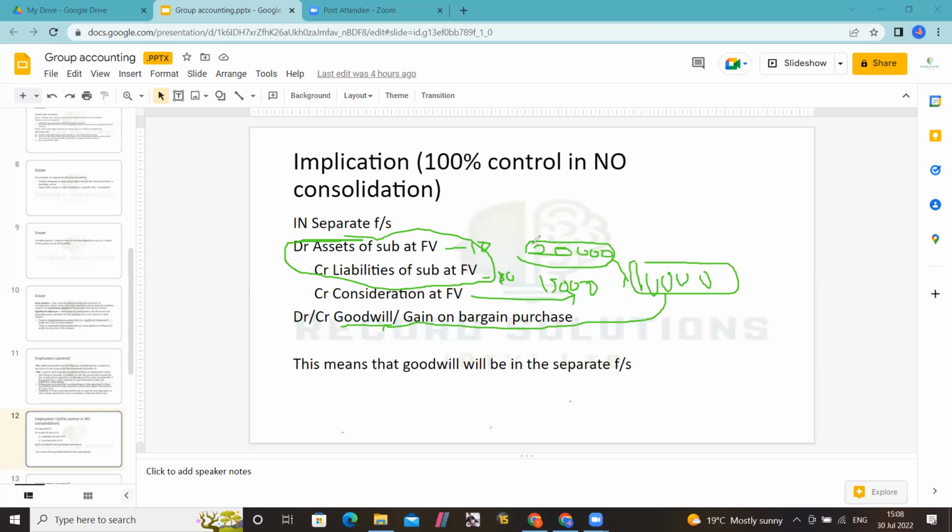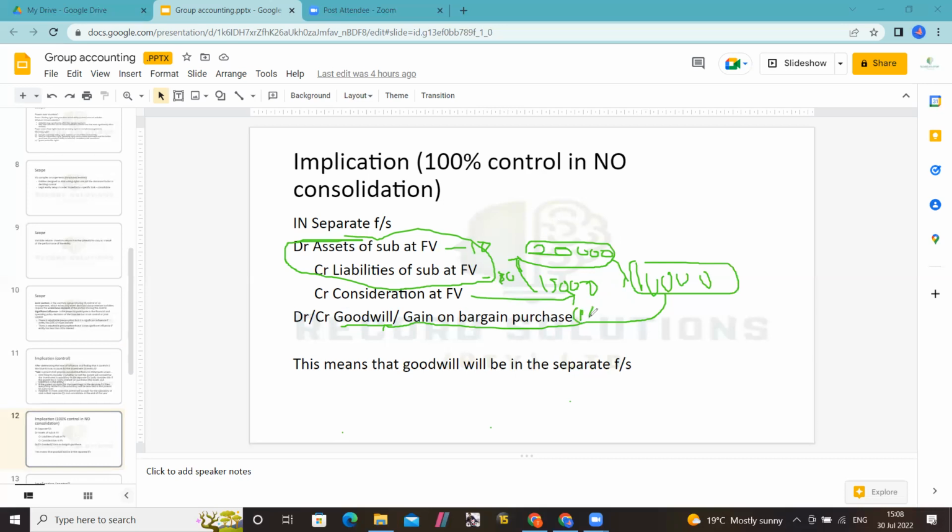You're buying a total net value of assets of 20,000, but you are buying it with 15,000. Do you see that in this case this is definitely a gain, because we got more value from these assets than we purchased? That's a gain on bargain purchase, and a gain on bargain purchase is profit.